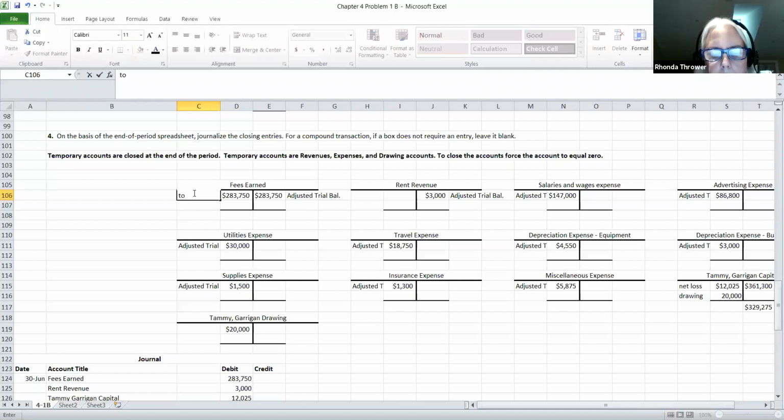So I'm going to put here as a note: we debit the account to close it. And right now, if we balance this account, our credit had this and our debit had this. Remember, credits for revenue are adds. Debits to revenue are decreases.